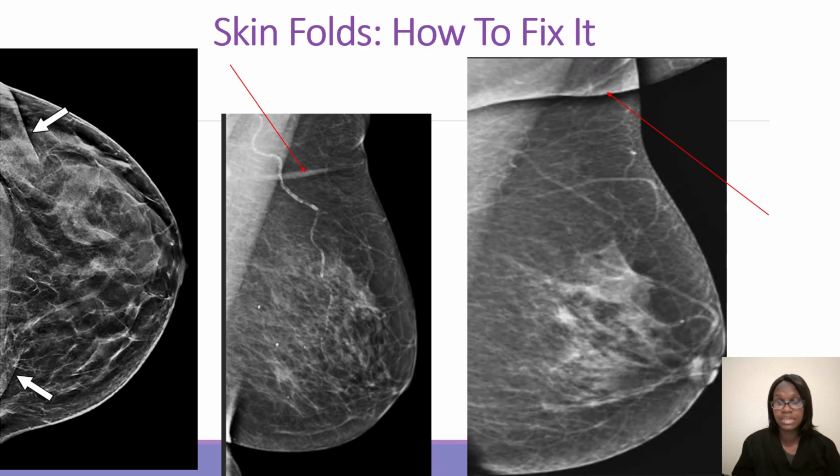Also, if the detector is too high where their shoulder is, you can bring it down a little bit, because as you can see on the third picture, closer to me, part of the bottom of the breast where the IMF is at is missing. So it's too much of the patient's arm in the picture as well.